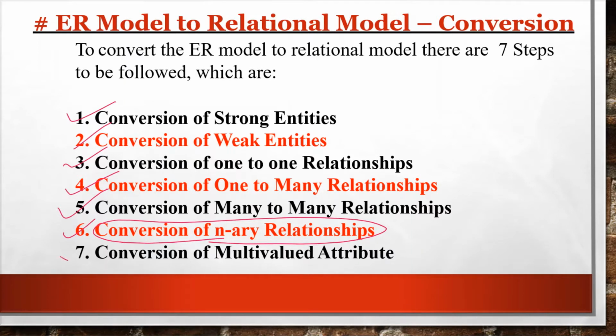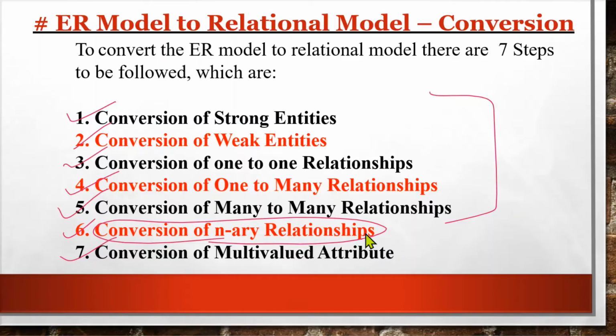Last we have conversion of multi-valued attributes. If we have an attribute that is multi-valued, then how to convert that multi-valued attribute to an equivalent table. So these rules are for binary relationships, but for converting n-ary relationships, where more than 2 entities participate in the relationship, we have rule number 6.